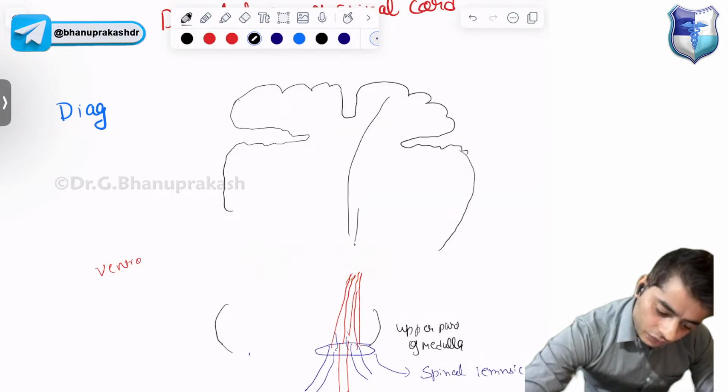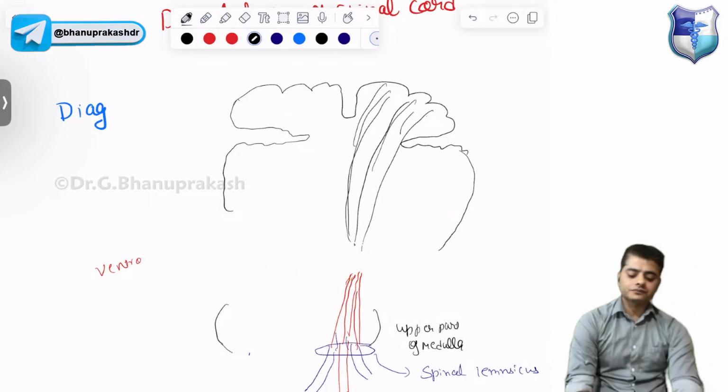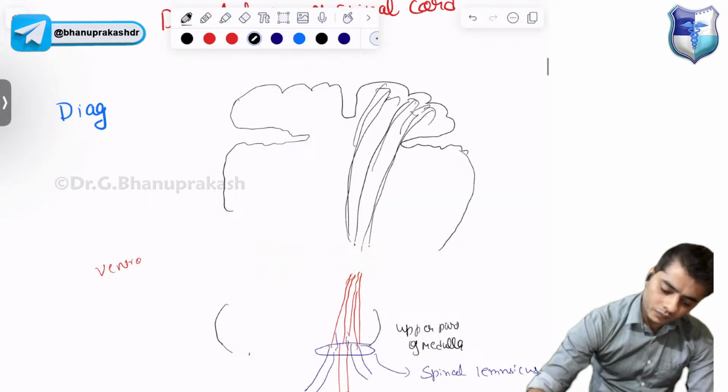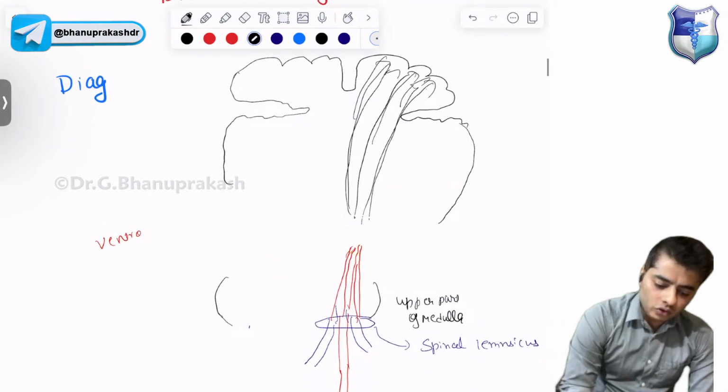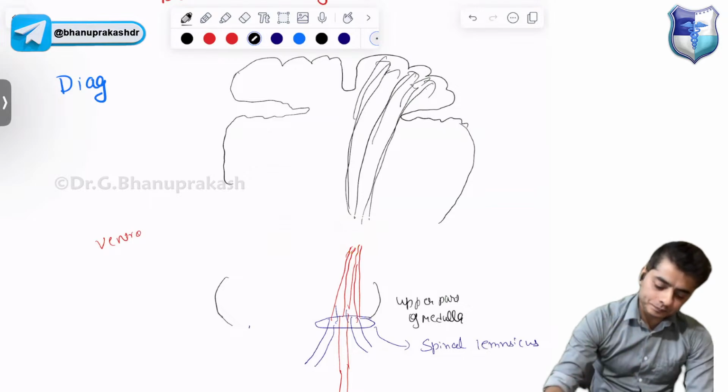Now, this information will project to the sensory cortex. Through this, our body will get to know that there is a pain stimulus.